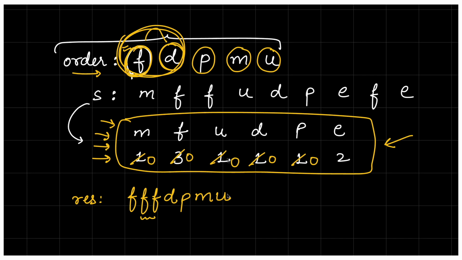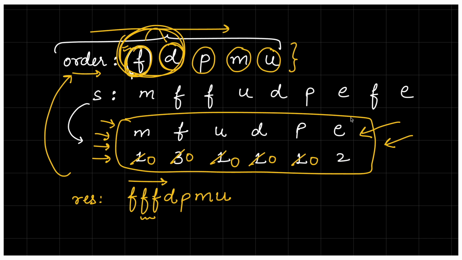Now once I iterate the entire order string, I have made sure that whatever character was common in both the strings, I am following the same sequence which is present in my order string, right? Now once I have iterated the complete order string, once again I will iterate on this frequency map on all the keys, and whichever keys are left, I will append them at last.